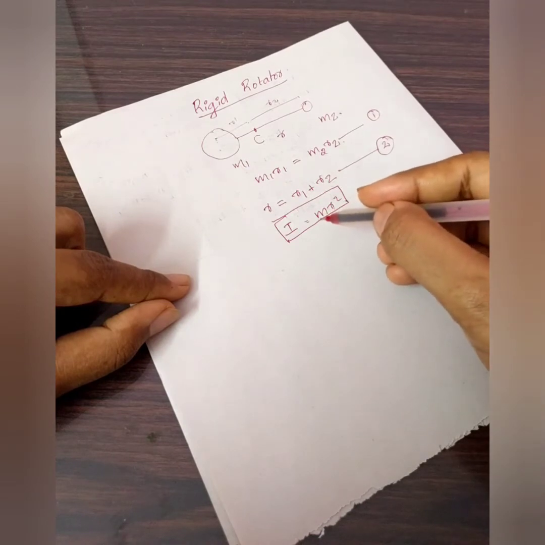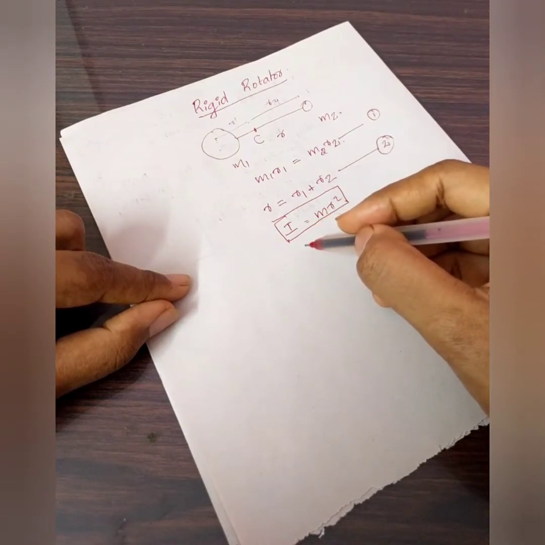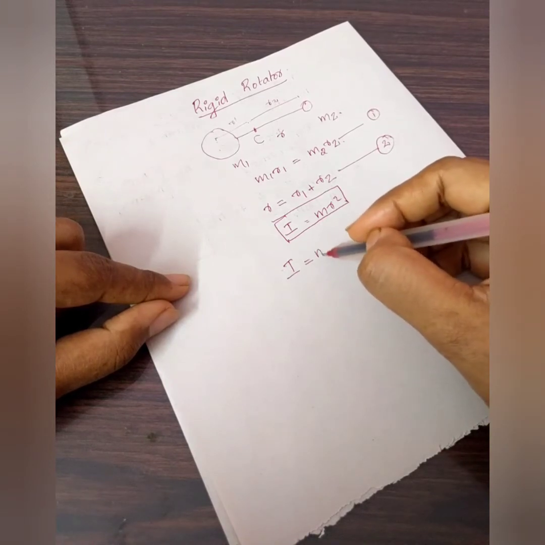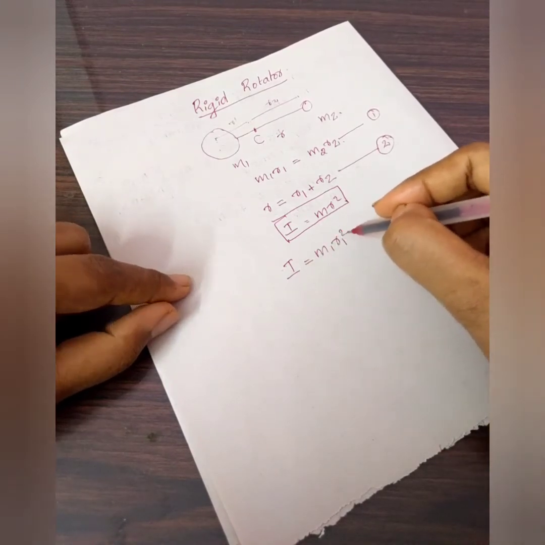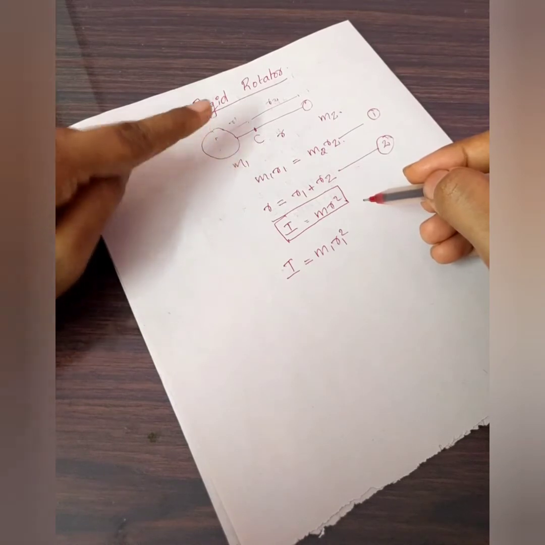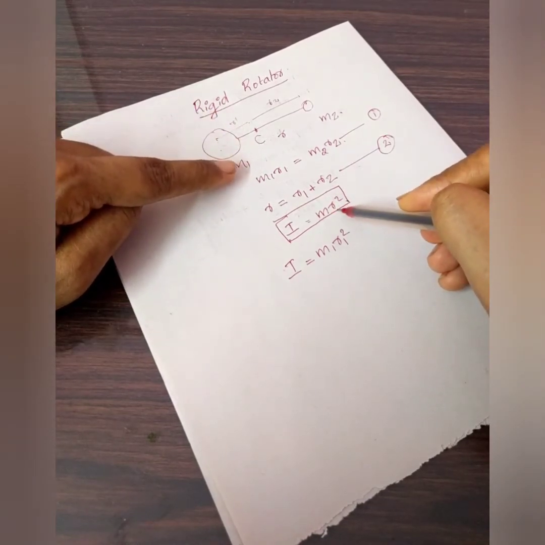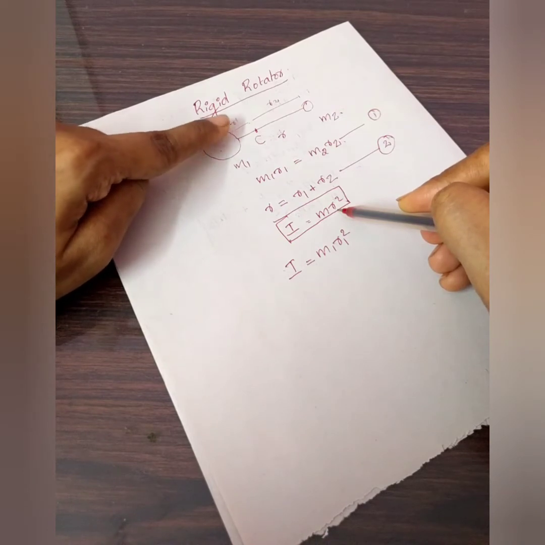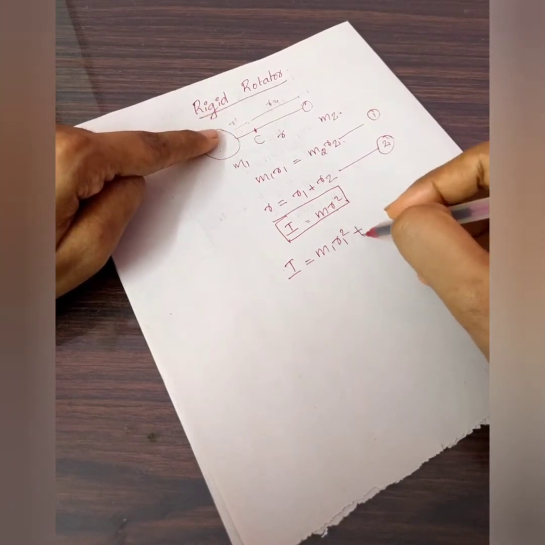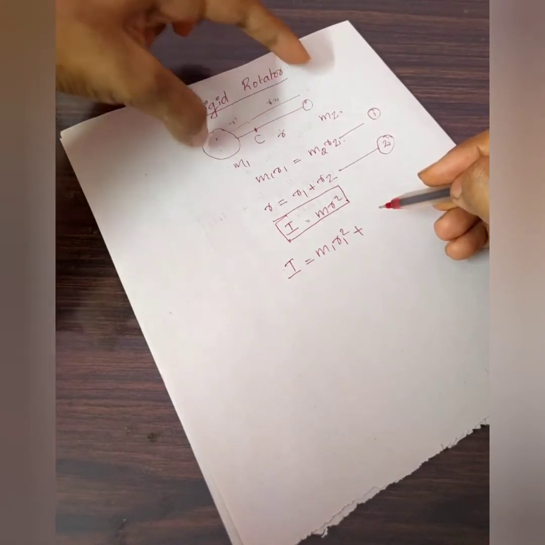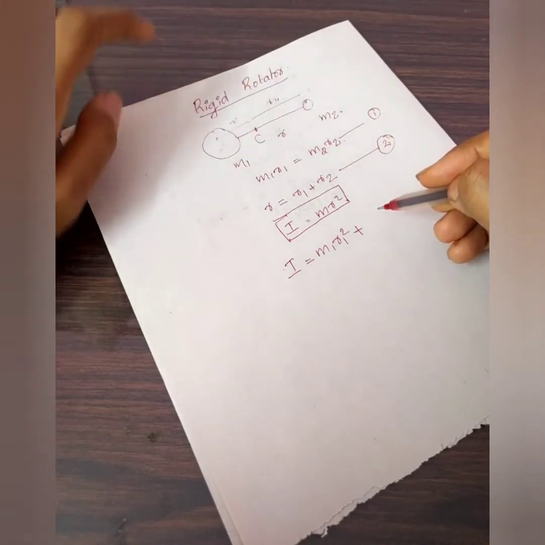So in this case, I is equal to m1 r1 square, according to the definition, mass into r square, plus, because this is a system, you have to consider both this mass and this mass also.